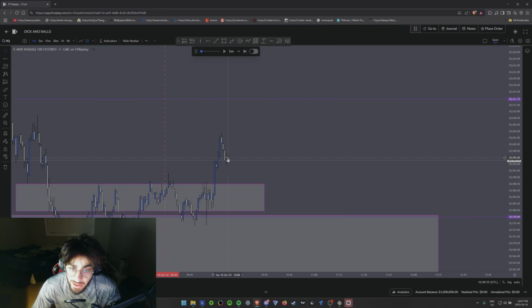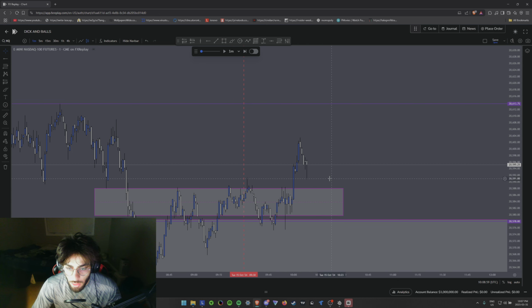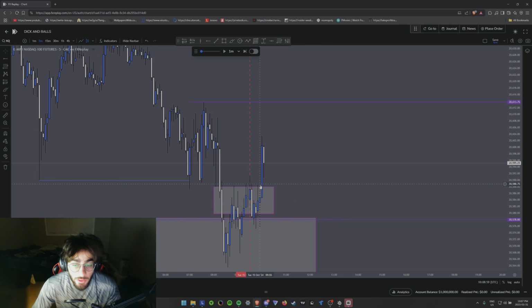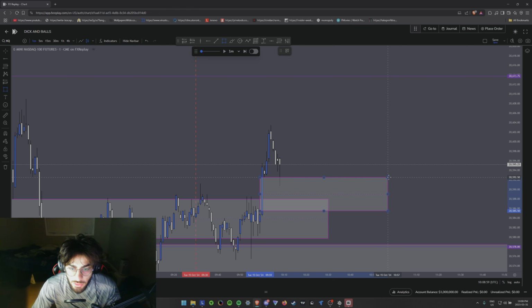Okay, here we go. Here's something very, very interesting. We have a 1 minute, because this is confluence for an entry model. Watch this. On the 5 minute, we've obviously broken structure, but since we had an insane bullish reaction on this candle right here, because we had our fair value gap right here, a 1 minute fair value gap that formed from this news.